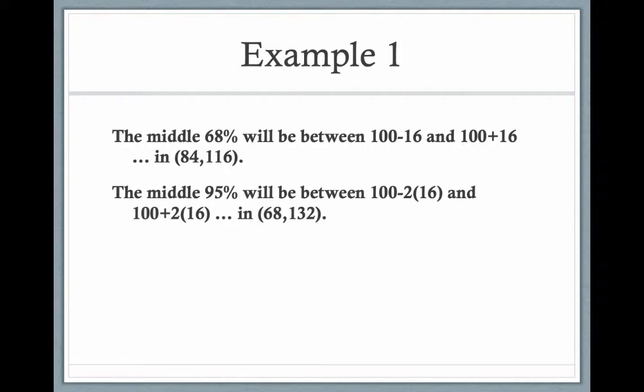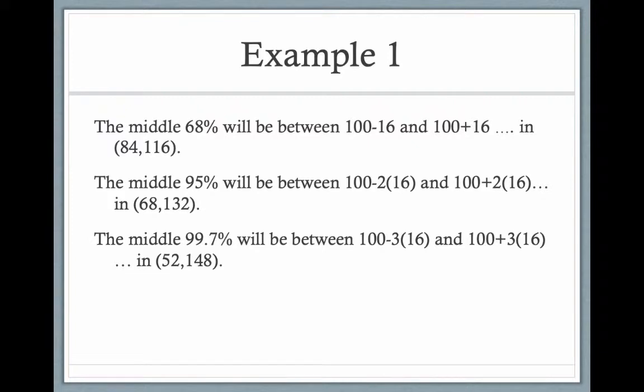So in the interval 68, 132. Finally, the middle 99.7% will be between 100 minus 3 times 16, so 100 minus 48, which is 52, and 100 plus 3 times 16, which is 100 plus 48, which is 148.